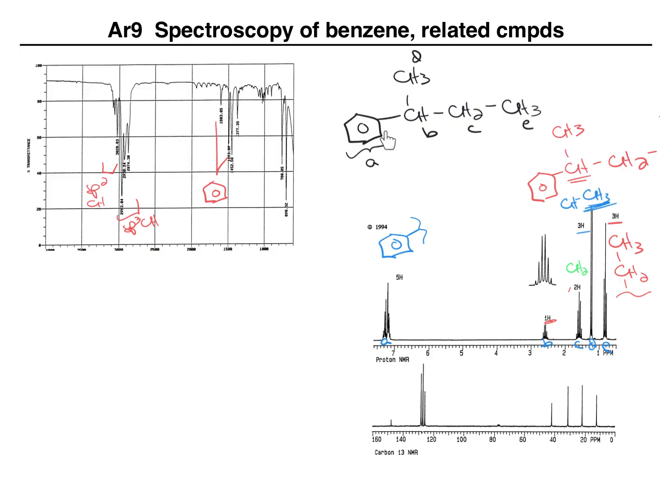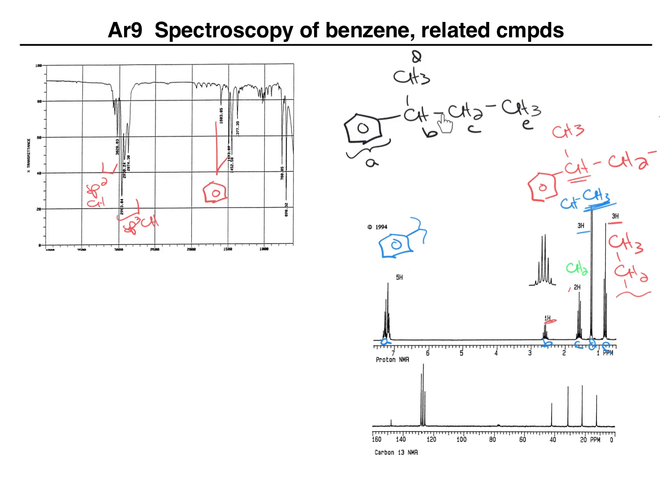A, these are aromatic hydrogens, and we have 5 of them, so we would expect them between 6.5 to 8.5 and to integrate to 5. So that works. B should integrate to 1 hydrogen. It should be split by 5 neighbors, and it should absorb between about 2 to 3 because it is next to the benzene ring.